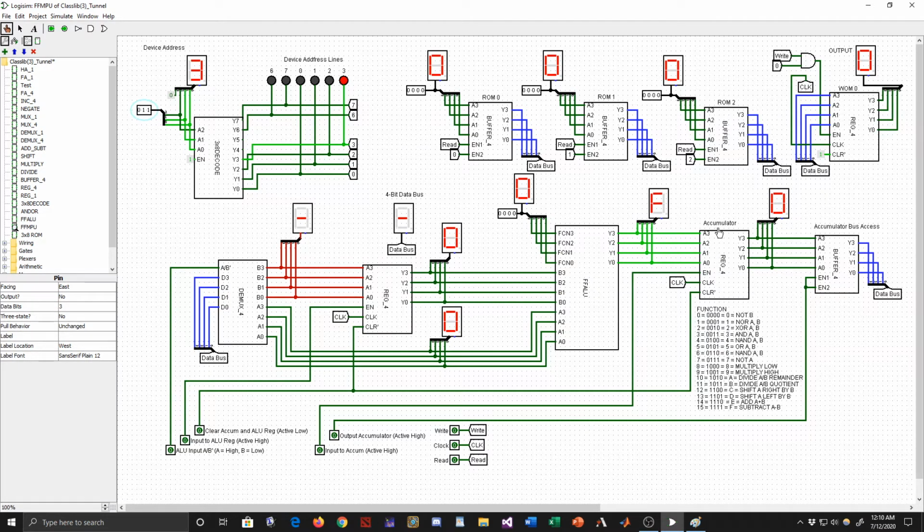So the ALU will constantly just be spitting out nonsense most of the time, and we just make sure that the accumulator only picks up the information out of the ALU when it is exactly the computation we want to make.